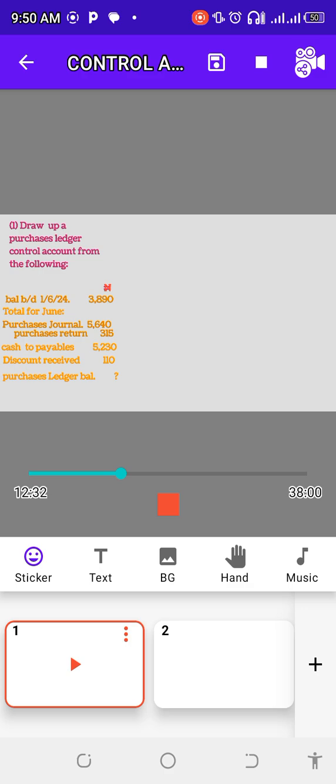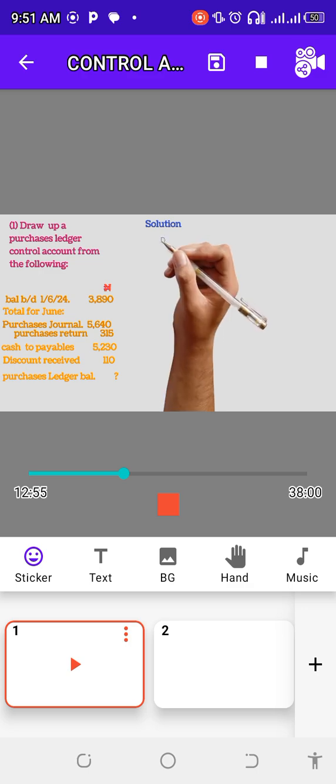Purchases return 315. Payments to payables is 5,230. Then discount received is 110. Then what is the purchase ledger balance? Solution.